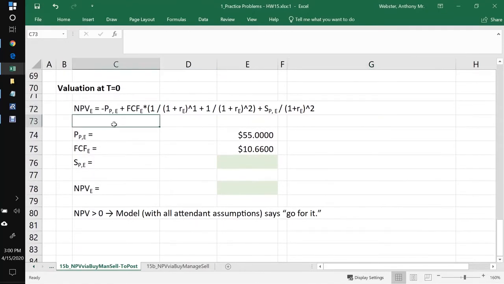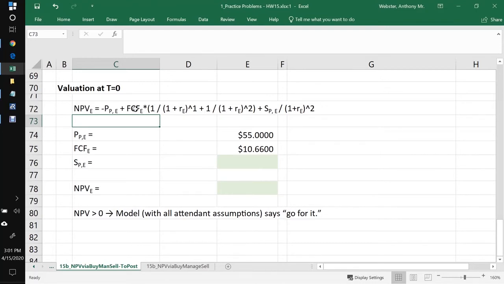So for this particular project, what's the NPV? It's the discounted value of every cash flow for this participant for this project. So what are the cash flows for us? First of all, we pay what we pay for the firm. Our contribution is going to be that 55 million. Then we're going to get the free cash flows from managing and operating the business, and we've got them for 1 year, and then over here for 2 years.